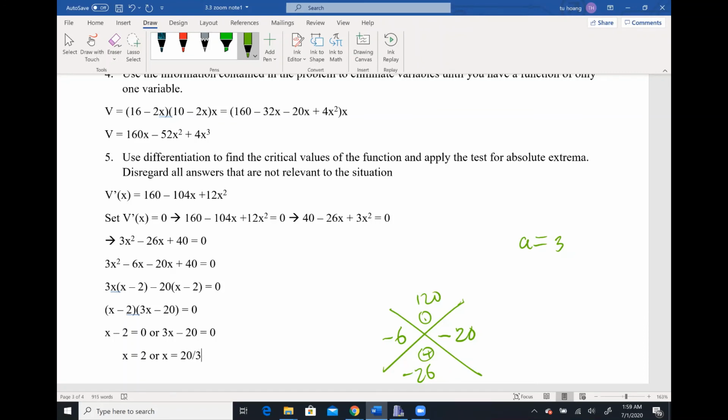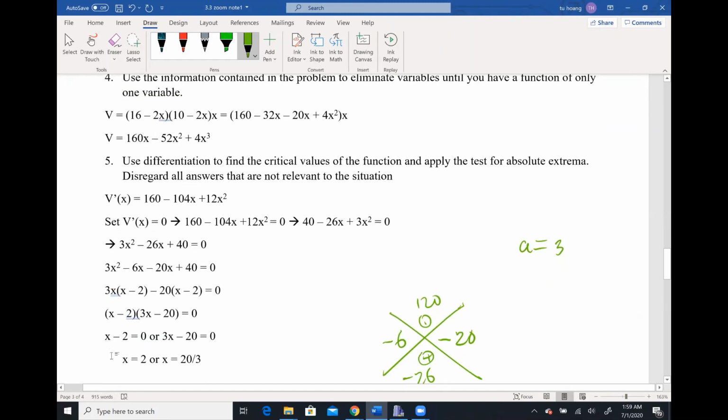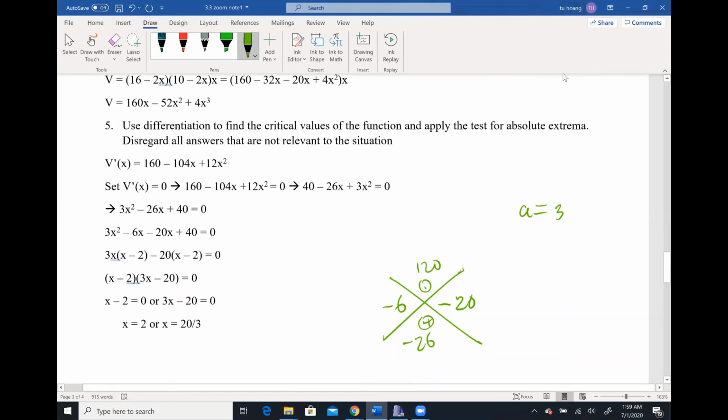Okay. And those two, you have to check. Because we chose these values as critical values, right?